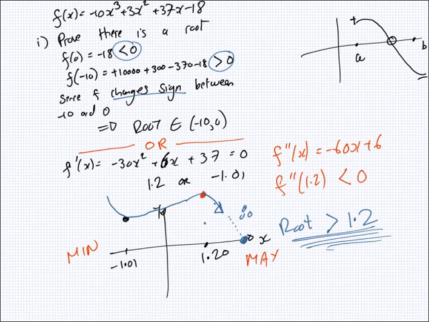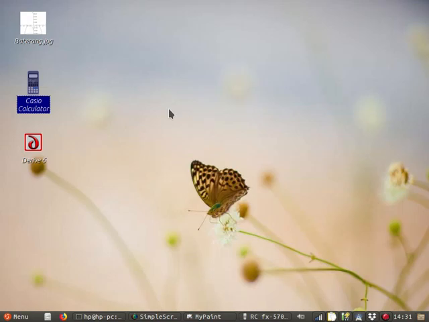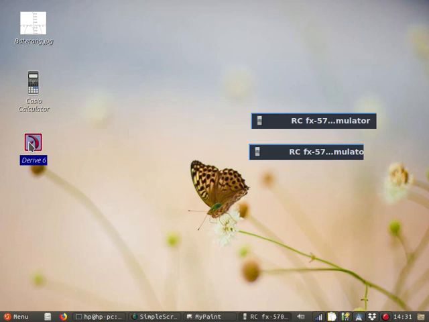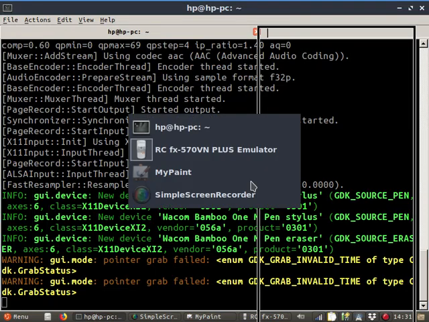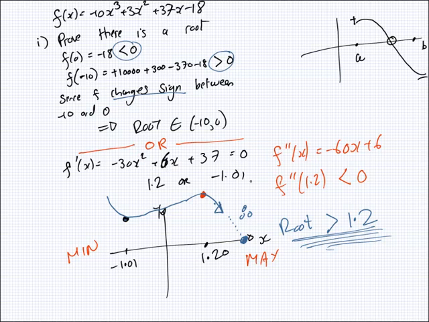So let's just make a guess. Sorry, that's a plus 10, wasn't it? No, my graph is ugly, it's wrong. I'll draw a nice graph.